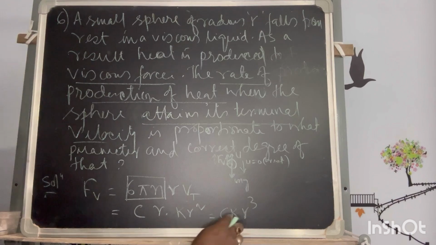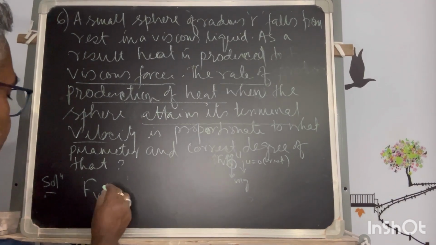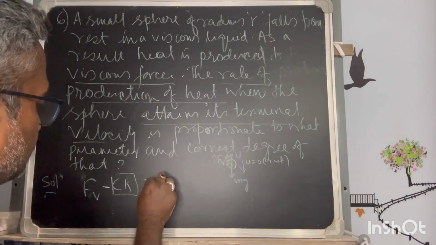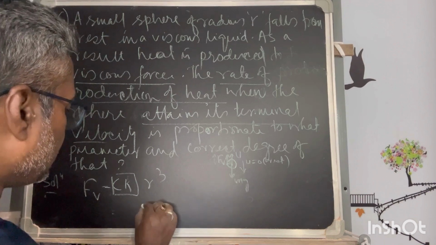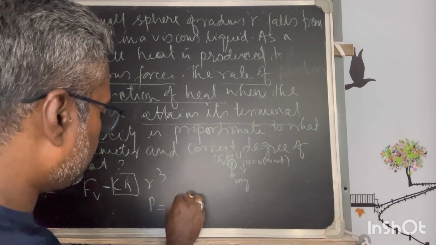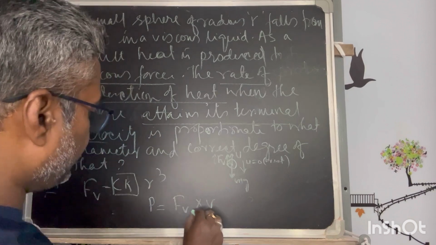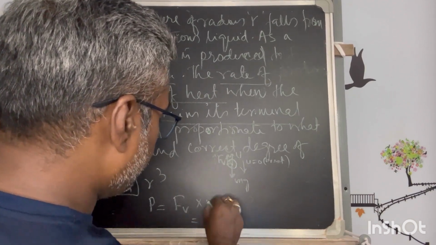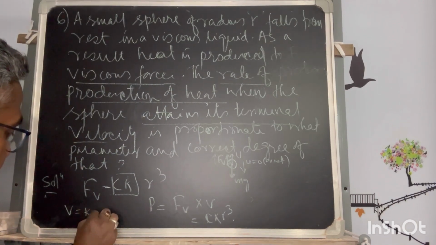Fine. So Fv is equal to Ck, where C and k are constants, into r cube, isn't it? Now your power is equal to Fv into v. Fv is equal to Ck r cube, and v is k into r square.